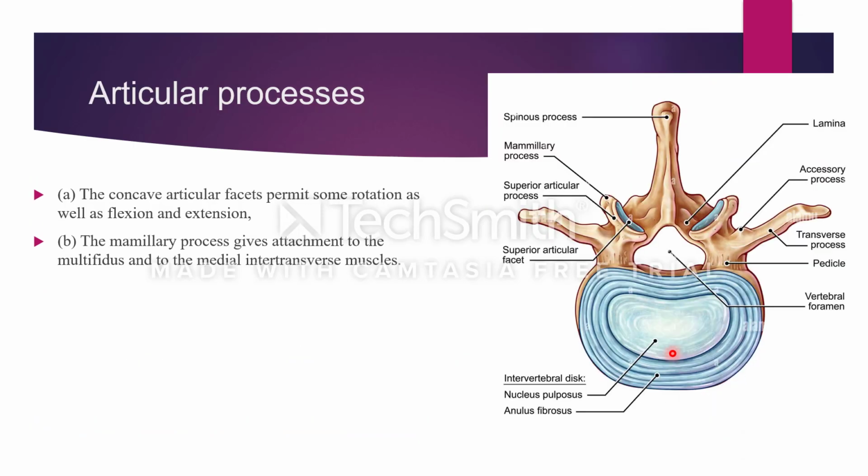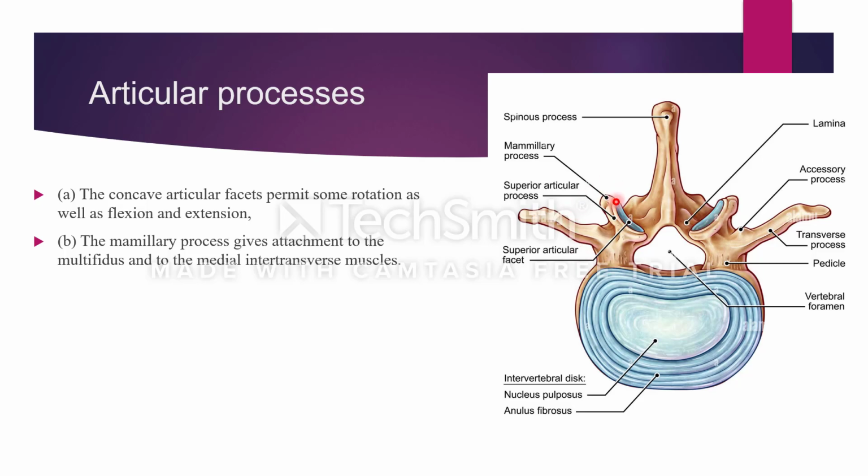Now the articular processes. See here, these are the superior articular processes with the superior articular facets, which are facing medially. These are the concave articular facets. They permit some rotation as well as flexion and extension. And the mammillary process, what is it?